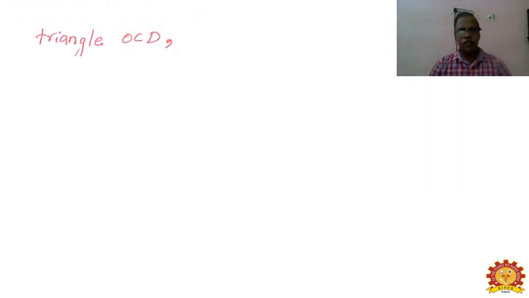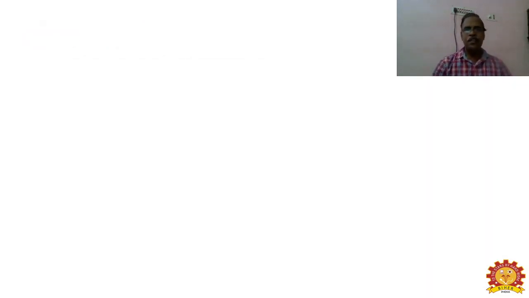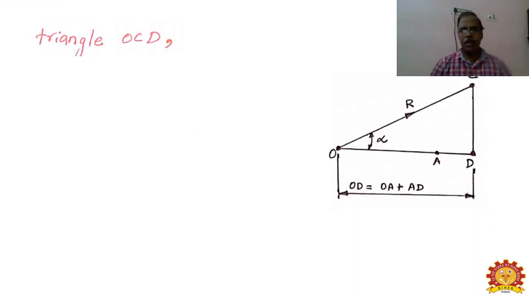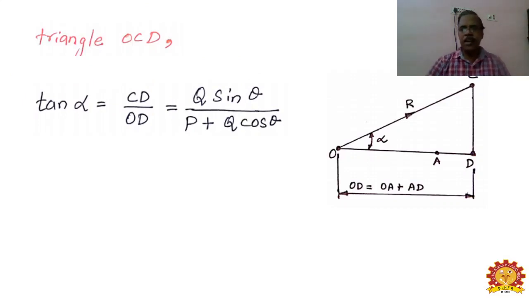And similarly from that triangle, you have to find some other values also. So let us take the triangle OCD. In the previous diagram, whatever you have seen, here in triangle OCD, I have given the diagram here itself. Now in OCD, tan alpha is equal to opposite by adjacent, that is CD by OD.